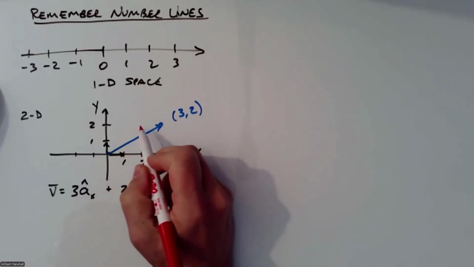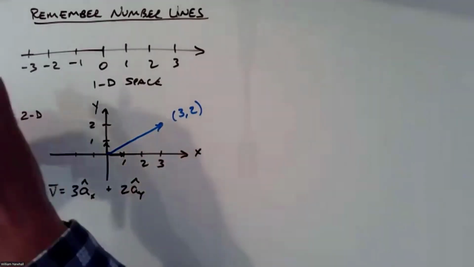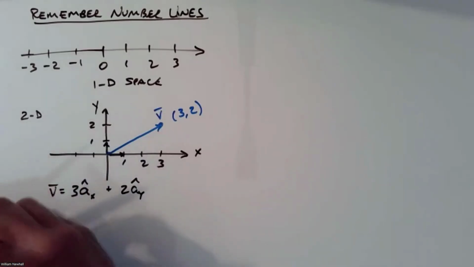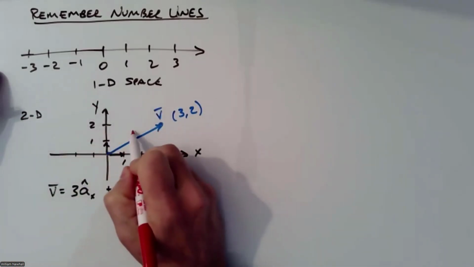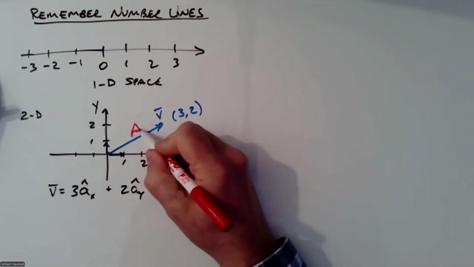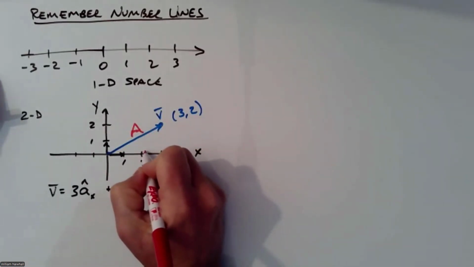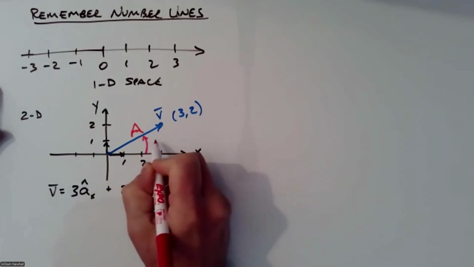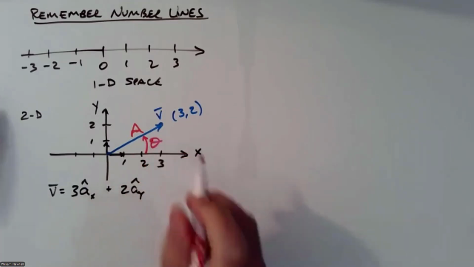So we said, okay, this vector v, let's label this vector v here, has some length. We could call that length a. Okay, and we said we could also describe this vector with an angle, so that angle theta.